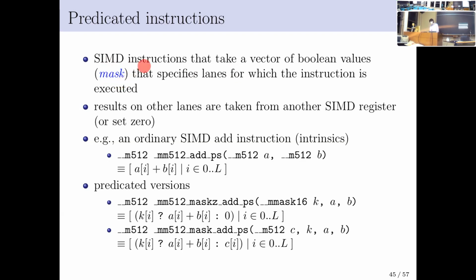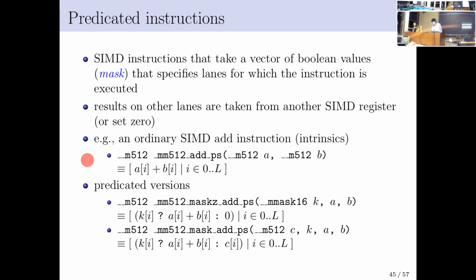This is something you can do with predicated instructions. At the C programming level, results on the other lanes, the lanes specified not to execute the instruction, are taken from another SIMD register, or sometimes simply set to 0.